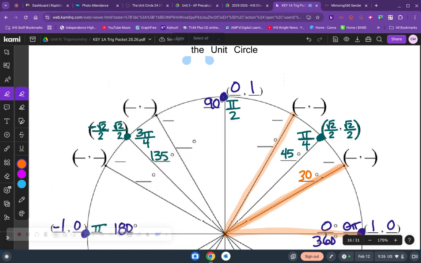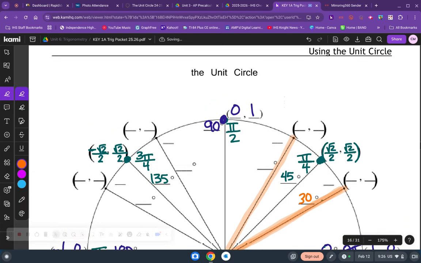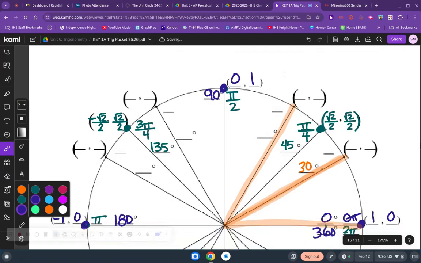Well, 60 is the other family that I'm using. So I'm going to switch back and forth between my colors here because they're different families. So I'm going to put 60 in a different color. But just keeping in mind that each time I add 30 as I go around the circle, I'm filling in 2 separate families. I'm filling in my 30 degree family and my 60 degree family.